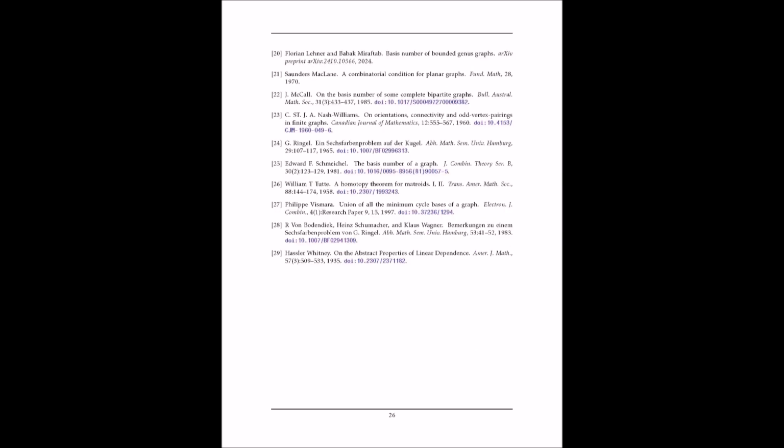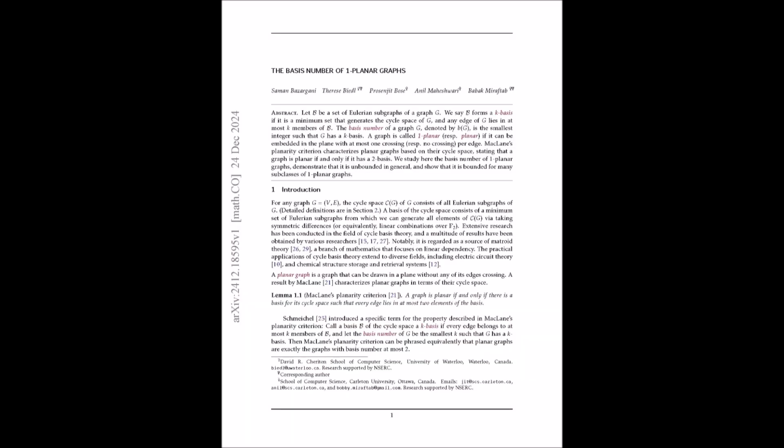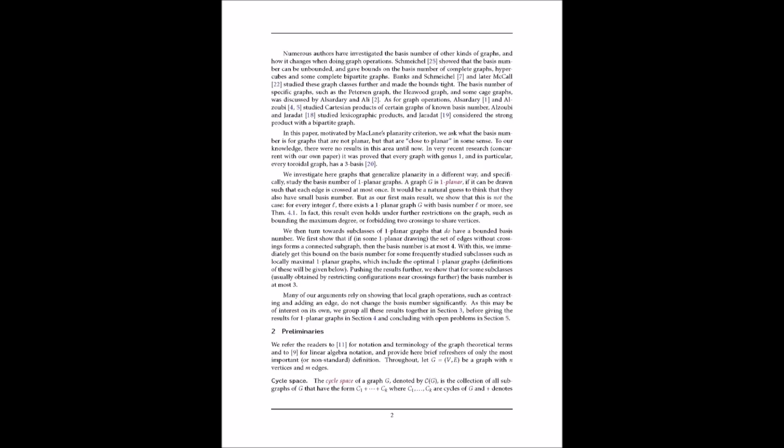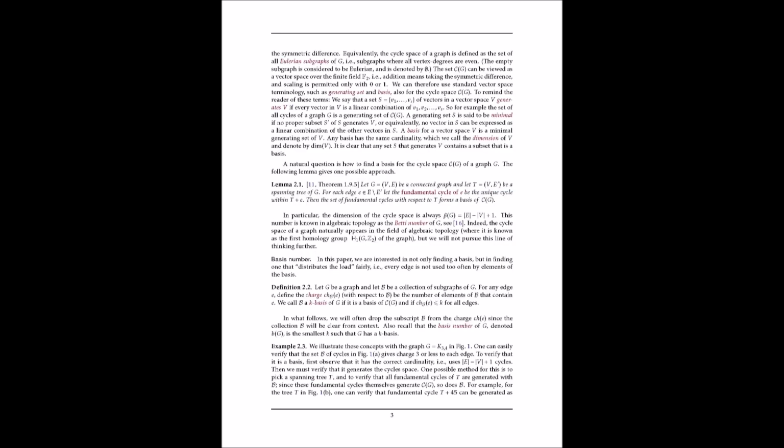But how does this traffic flow connect to those carefully crafted poppy bases? Here's the key insight. The balanced orientation of the skeleton tells us how to choose those special poppy bases with the redistributed charge. Remember, we assign a charge of 1 to 2 of the skirt walks and a charge of 2 to the other 2. Well, the orientation of the skeleton's edges determines which skirt walks get which charge.